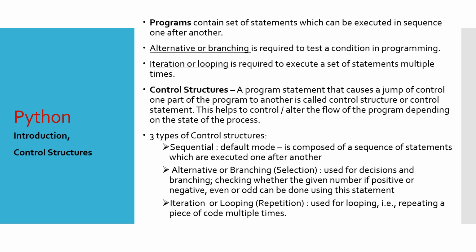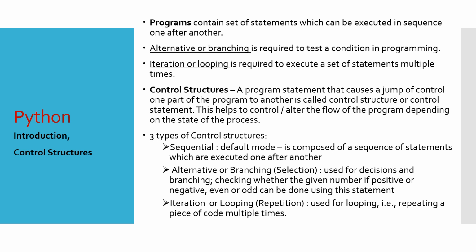Those are simple examples, and there are three control structures which you need to remember, as mentioned in your book, because you could get questions around that in exams. One is sequential, another is alternative or branching, which is also called selection. The last one is iteration or looping, which is nothing but the repetition mode.